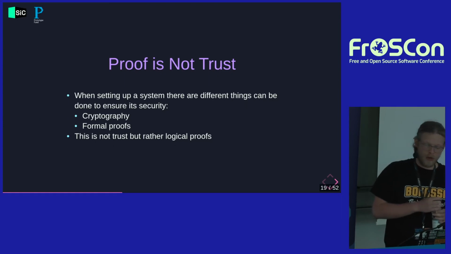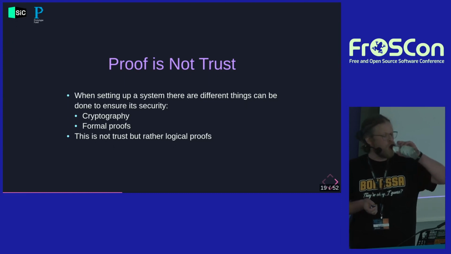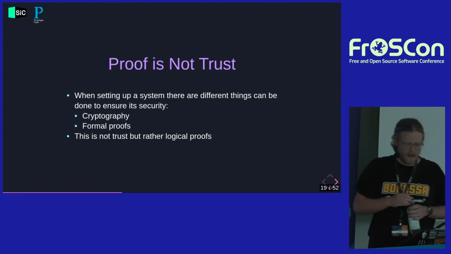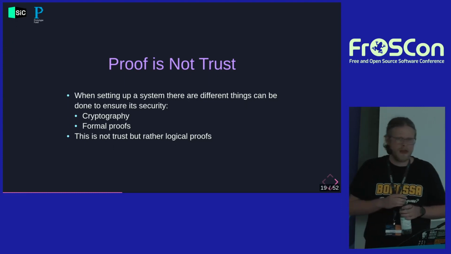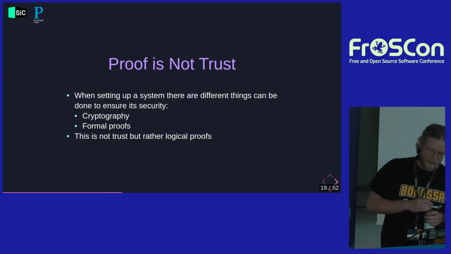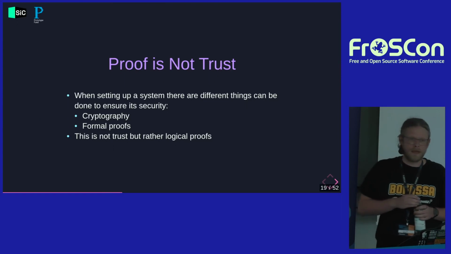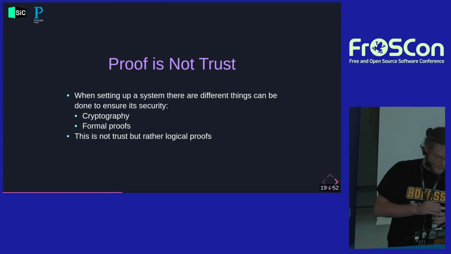Or we can use formal proofs to show that a program is following an expected behavior. Of course, these are very central to the security of our system, but this is not trust. That is a proof. There's a mathematical concept behind it, and it's logical, and we don't need to trust anybody to actually use it.